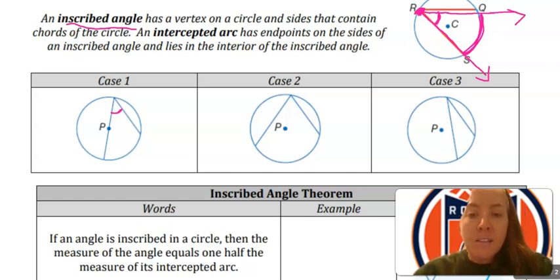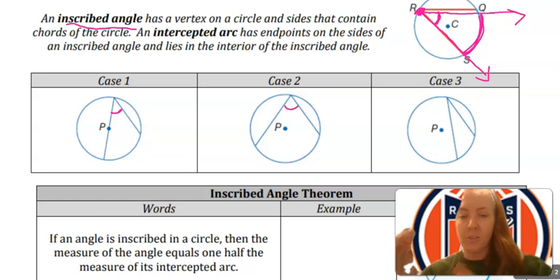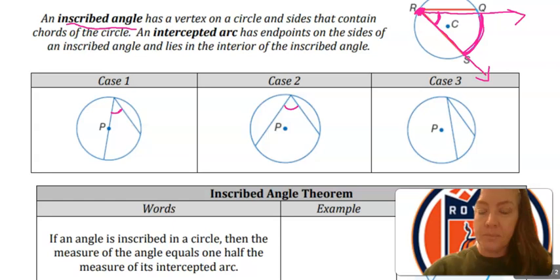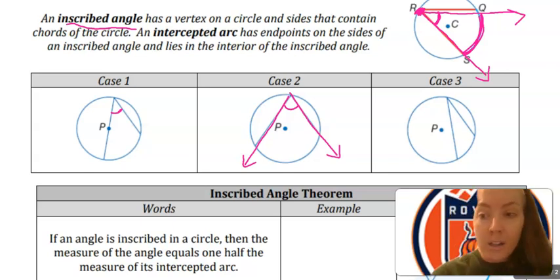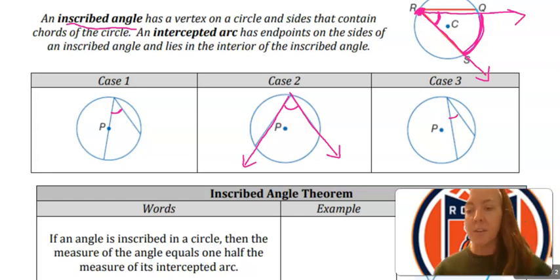The second case is when the inscribed angle is straddling the center. And the third kind of inscribed angle doesn't include the center at all, and it's just to one side of it. So it doesn't matter. They all have the same ideas and relationships, and they're all still inscribed angles.